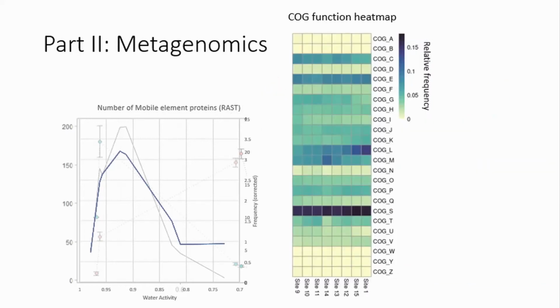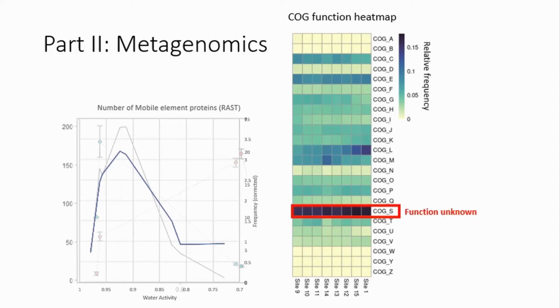But what we wanted to investigate now is, okay, so the metagenomes are showing that there is quite a bit of change between seawater environment to the hypersaline brines, but what is the function of this change? What are the functional changes? And so we're looking at the COG functions of the genes that were annotated by RAST and eggNOG, and a couple of patterns emerge.